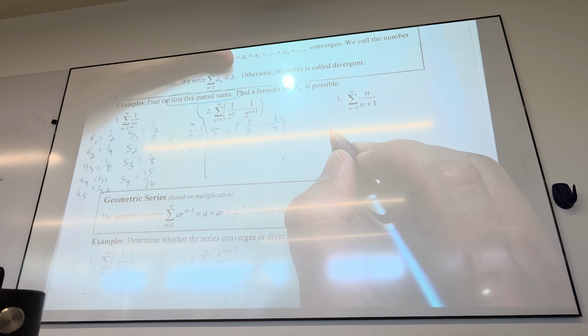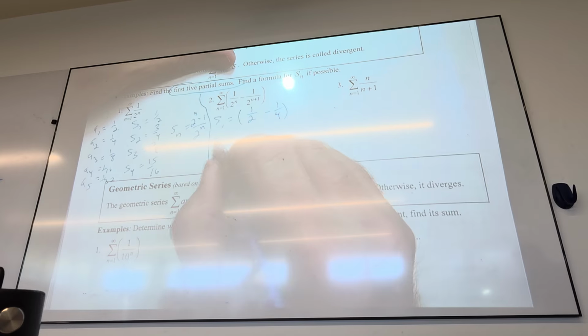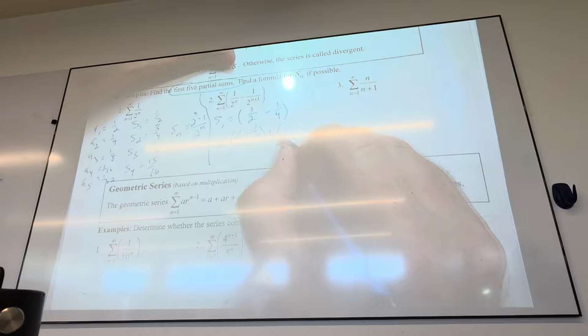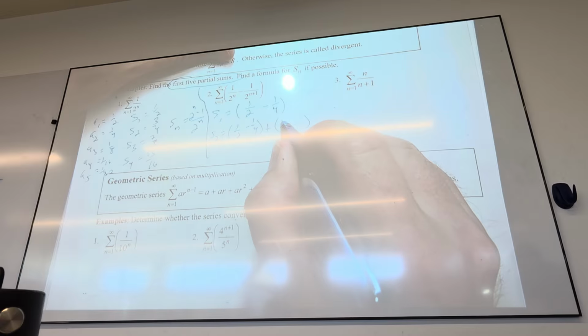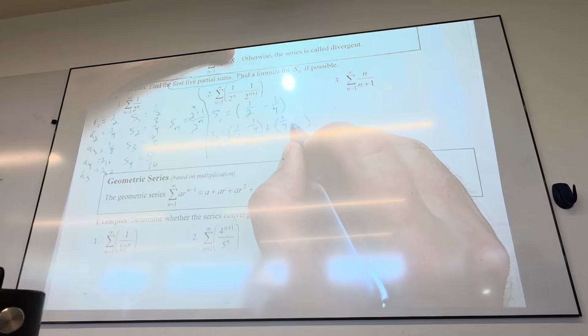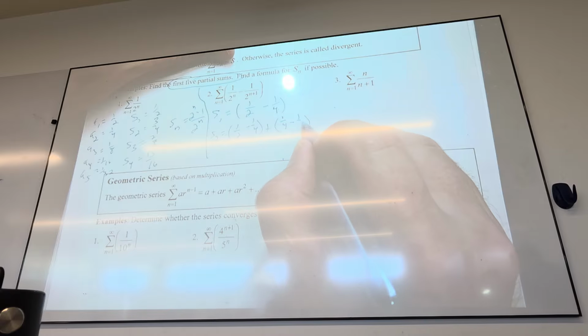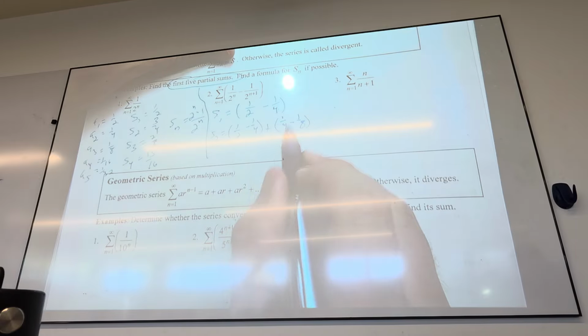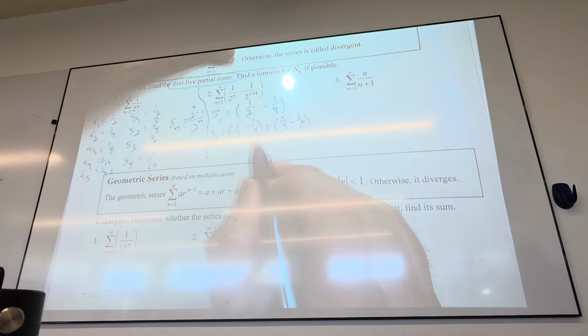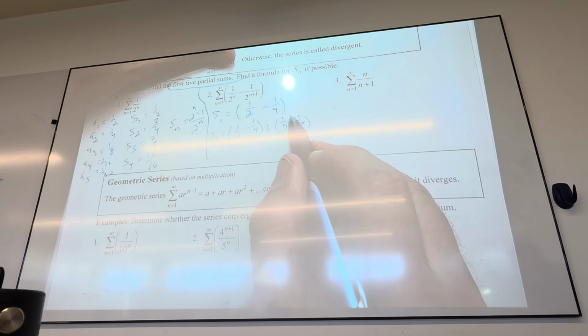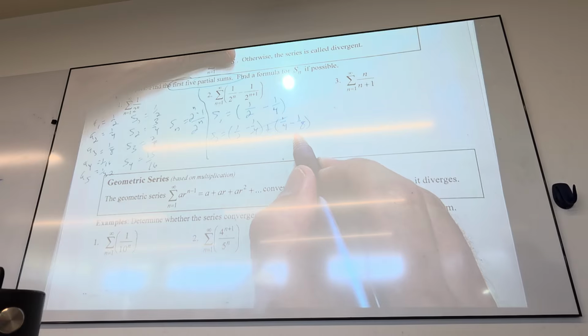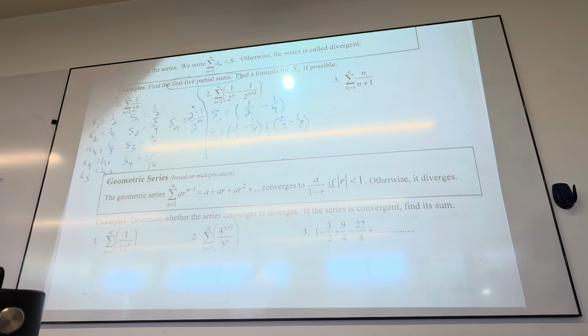Is that cool? S2 would be that plus the next term. And what's the next term when you plug a 2 in? 1/4 minus 1/8. Do you guys see what's going to happen here? So these would go away and it collapses to just the first and last so far. Do you guys see that?